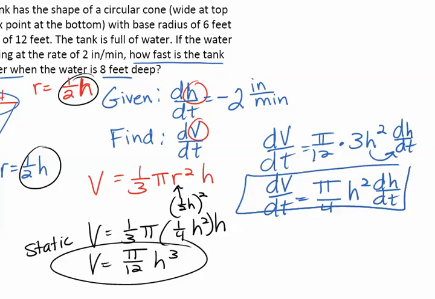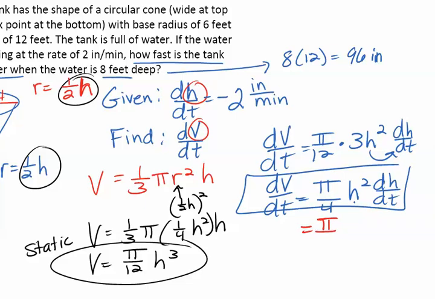And the specific case says when the water is 8 feet deep. 8 feet deep, and we've got inches here, so I guess 8 feet. We better change this to 96 inches. 8 feet is 96 inches. So for our specific case, let's be careful about that.